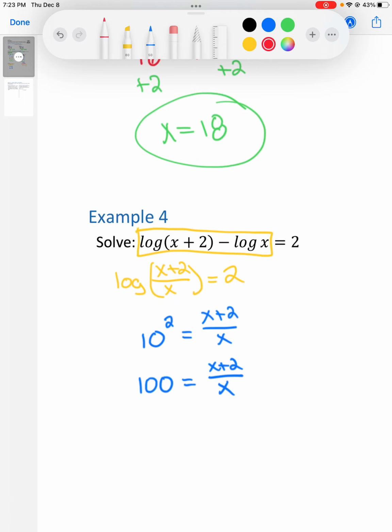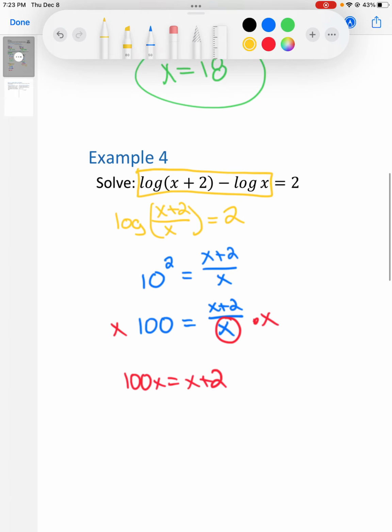So we need to get x all by itself. So first off, we don't want x on the bottom. So how do I get rid of x? Times both sides by x. So we have 100x equals x plus 2. Now to solve for x, we need all the x's on one side. So we're going to minus an x. So we have 99 x's, and that equals 2.